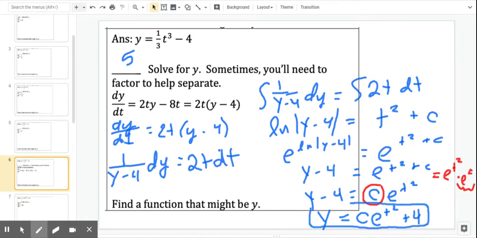One more side note I want to make about this one. If you were wondering how I got natural log of y minus 4, I'm going to do that off to the side up here.